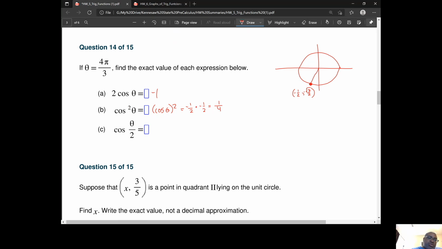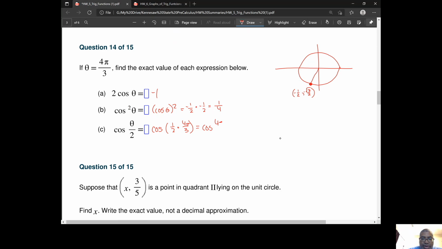All right, so cosine of theta over 2. In other words, we're doing the cosine of 1/2 times 4 pi over 3, because dividing by 2 is the same as multiplying by 1/2. So this becomes 4 pi over 6, or I can reduce it. I'll be thorough.